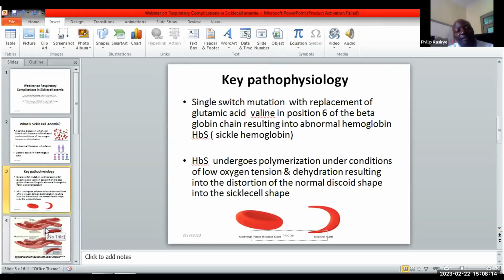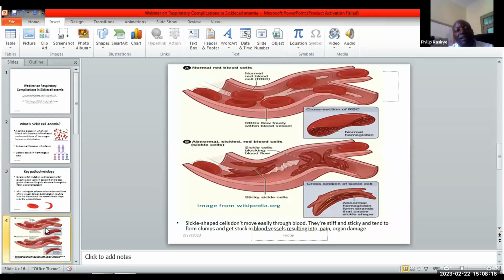This renders the sickled cells very sticky and rigid, and as they go through the narrow corners of the small vasculature, they adhere to the vascular walls and to each other, and thereby cause blockage in these small vessels.